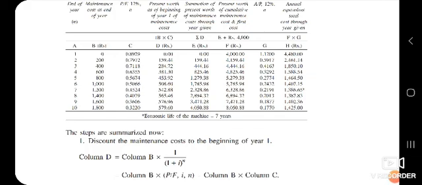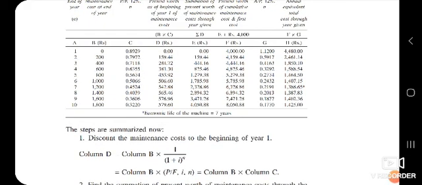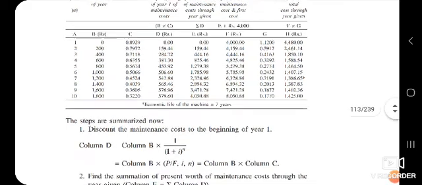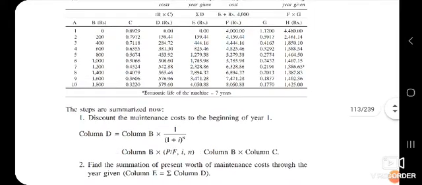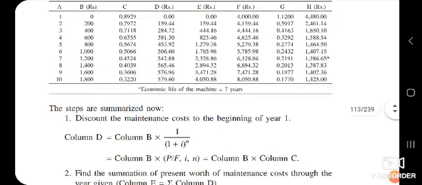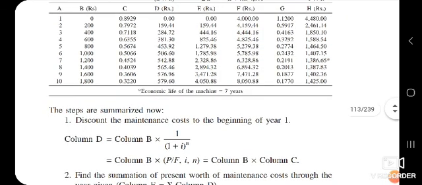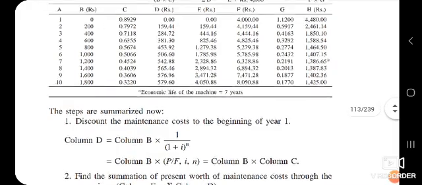The last decreasing point will be your value. After that the product expenditure starts to increase. You can say servicing or something else. Okay, so it starts to increase. So here, by adopting, the seventh one is giving 1,386. Okay, so the economic life of the machine is 7 years.